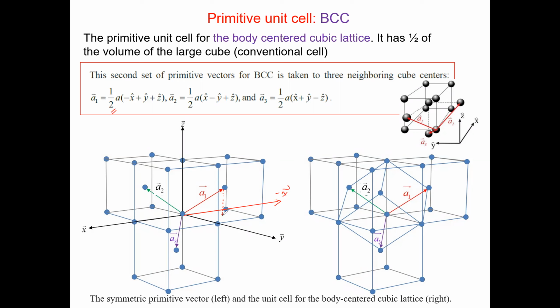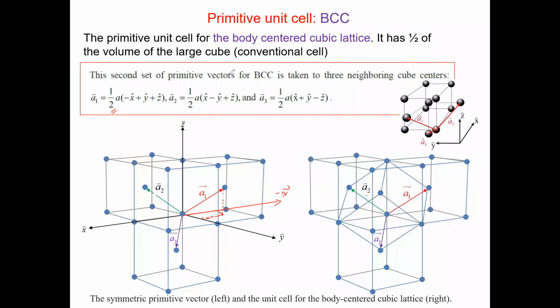And the projection on y, I write the y first. The projection on y, you can see easily, is a/2 here, right? This point. And the projection on minus x is going to be a/2 as well, but it's minus. And how about z, right?